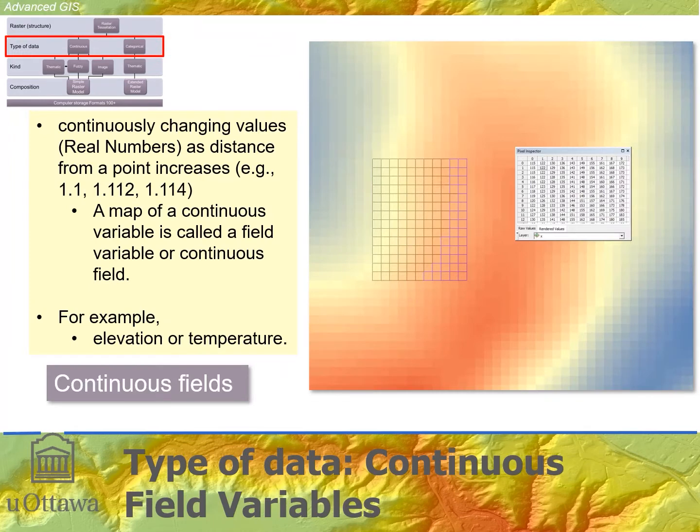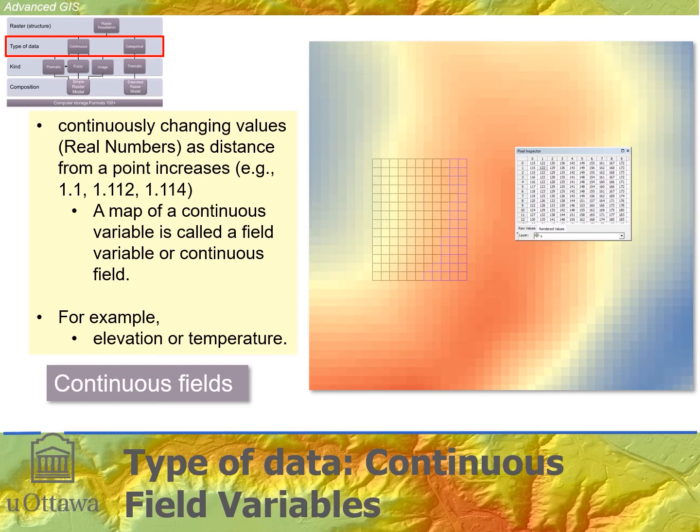This is what a continuous field looks like if we looked at the numbers within the cells. So this is a little ghost image of a raster on top of these cells, and then I look at the actual values in here. That's the first value, that's the second value, the third value, etc. And so we see values like 115, 122, 130, 36, etc. And these represent a continuous variable.